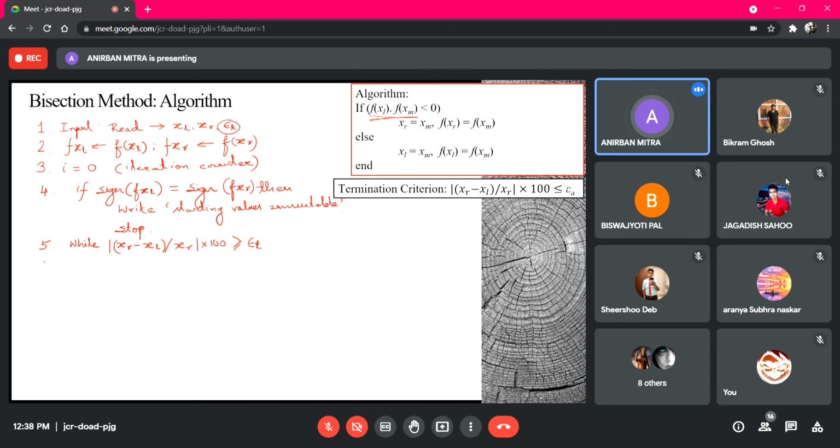So if that is satisfied, then let's say number 6, write it here, inside this loop, and do this. You just implement XM. That is, XM is found to be half of XR plus XL.